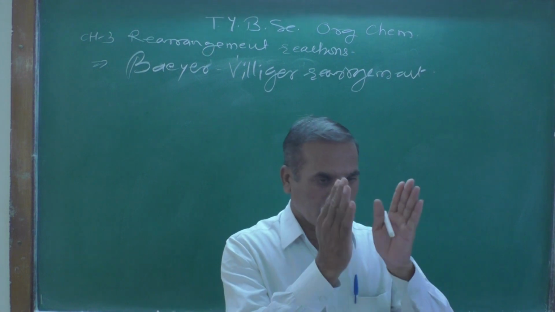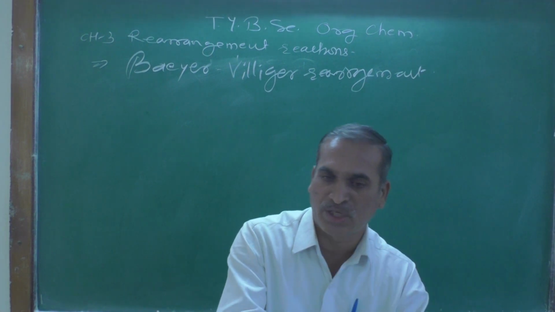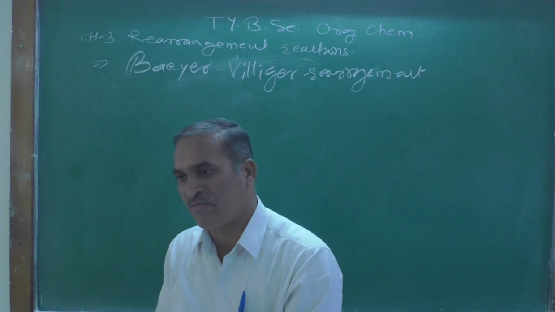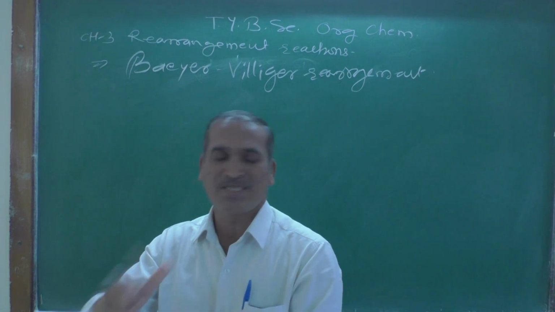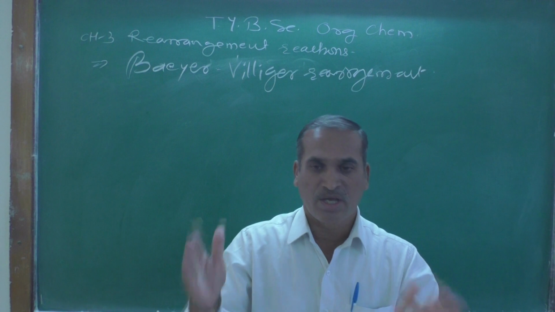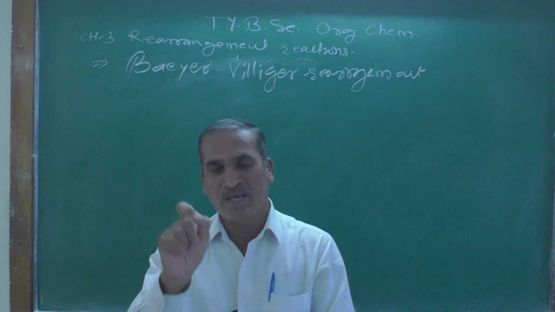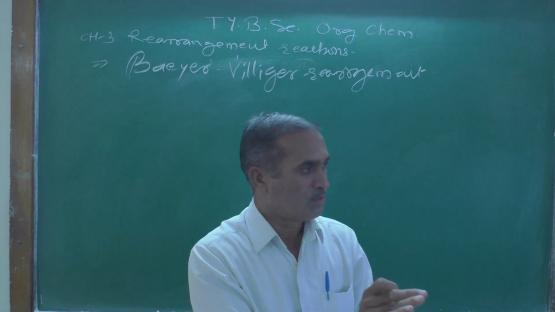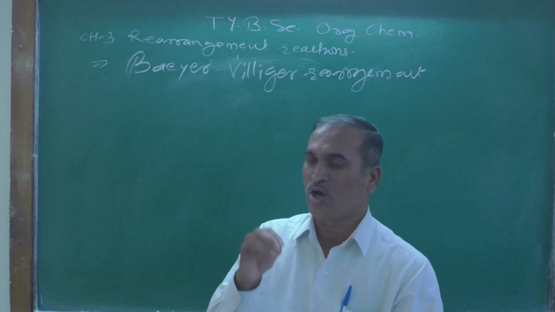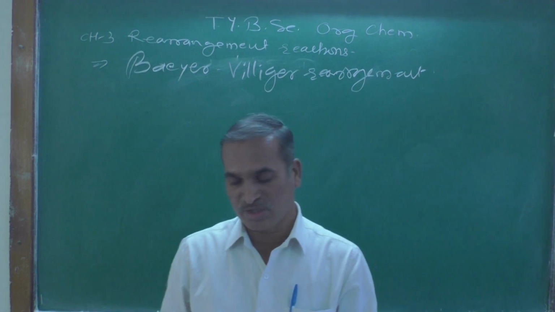Remember, the conversion of a ketone in the presence of a peracid preferentially gives an ester, and this is known as the Baeyer-Villiger rearrangement reaction or Baeyer-Villiger oxidation reaction.